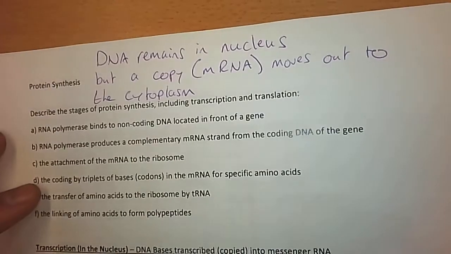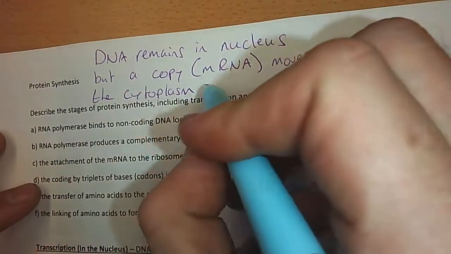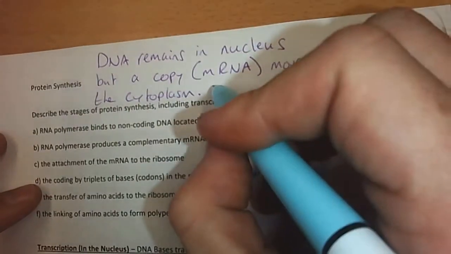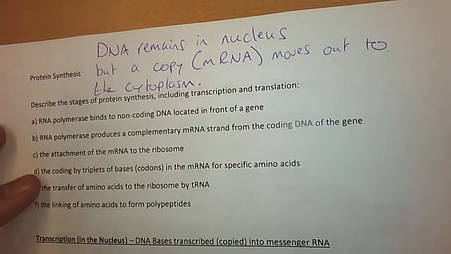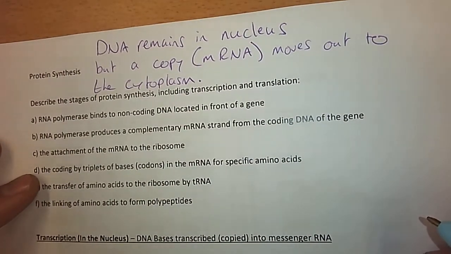Okay? And after it moves out there, it's particularly interested in getting to the ribosomes, at which point proteins are synthesized. Okay, so we'll have a look at that in due time.